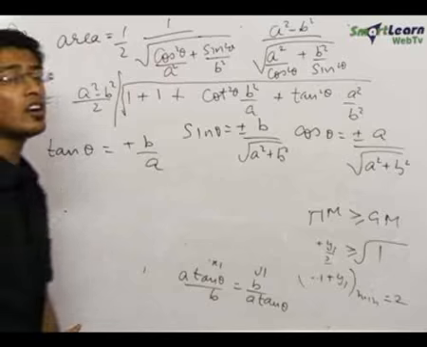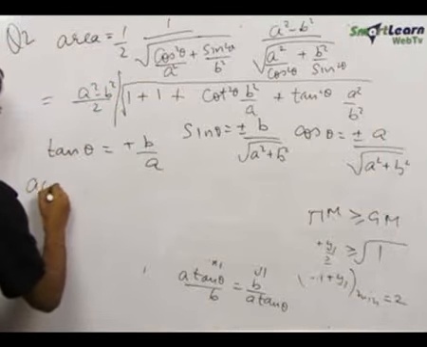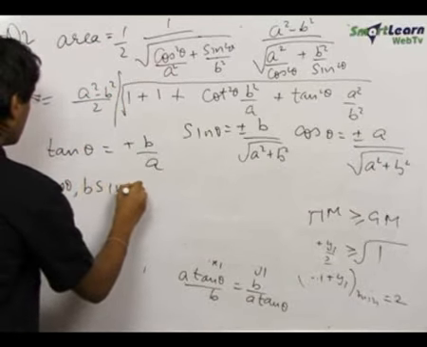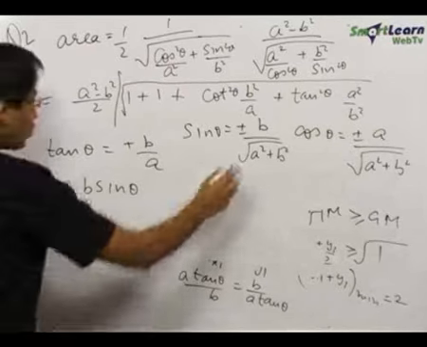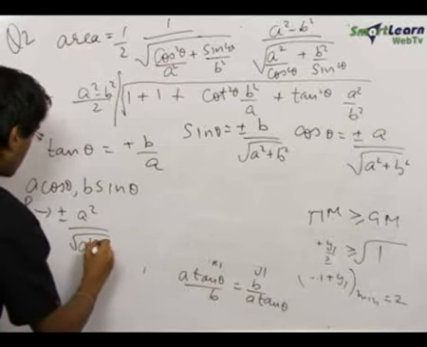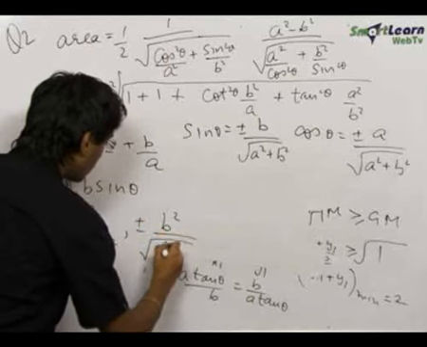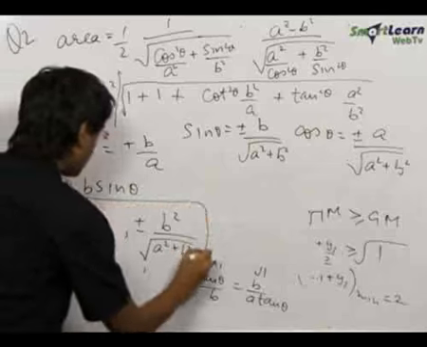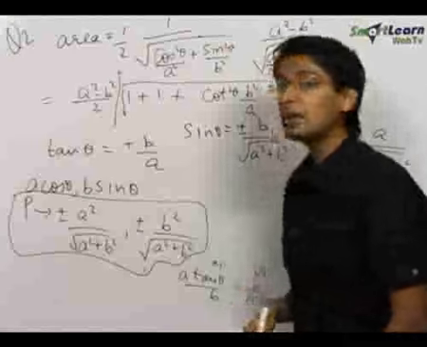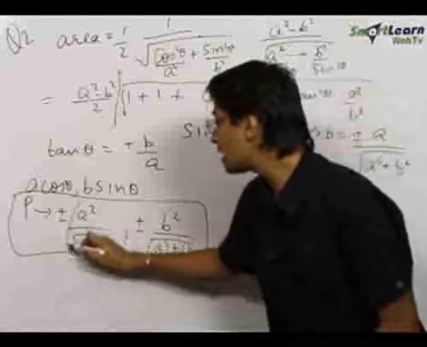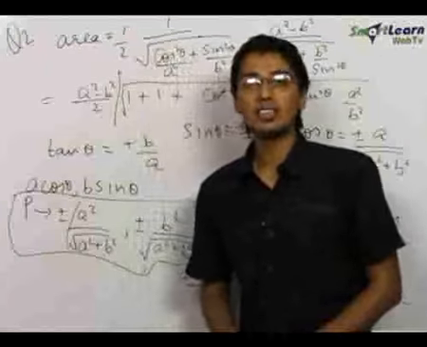And hence we wanted to find the point P for which the area of triangle PON is maximum, and our point P was a cos theta comma b sin theta, so our point P is plus minus a square upon under root of a square plus b square, comma plus minus b square upon under root of a square plus b square. Hence our point P for which the area of triangle PON is maximum is plus minus a square upon under root of a square plus b square, comma plus minus b square upon under root of a square plus b square, and this is our final answer.